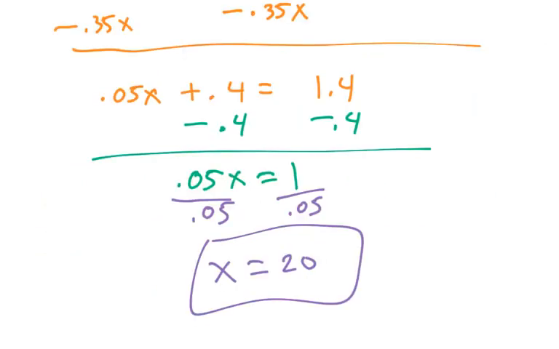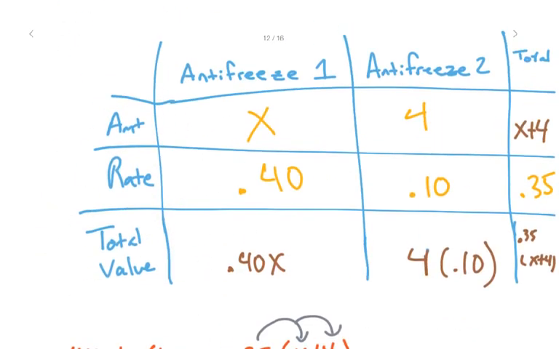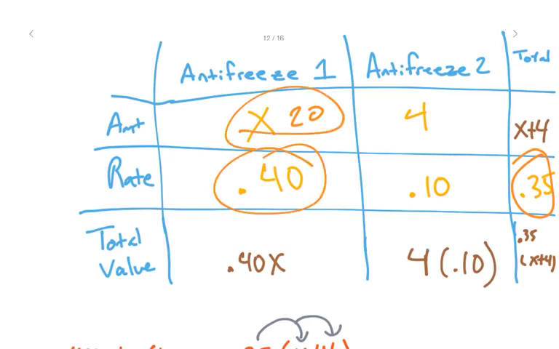One other thing I want to stress on the last problem, I forgot to mention this. This turned out to be 20, and like I said, it's a significantly larger number because you have 40% here and 10% here. This 0.35 is really a weighted average between these values, in much the same way that you calculate your grade using a weighted average.